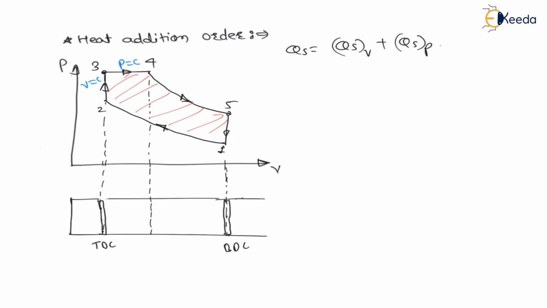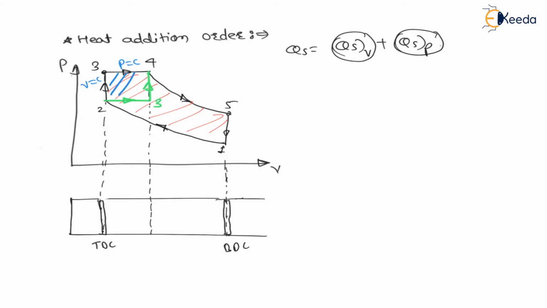Let us assume that the heat gets added at constant pressure first and then at constant volume. Therefore, from location 2, if I assume heat gets added at constant pressure first, 2 to 3 will be here, and then at constant volume, 3 to 4 will be like this, right? So, if I follow this heat addition order, see here, this area is a loss of work.